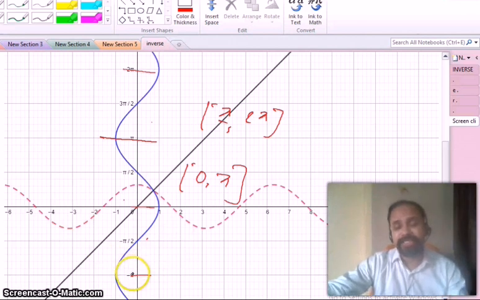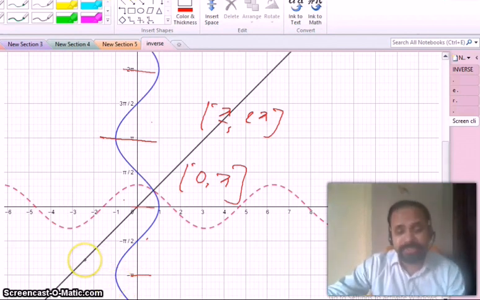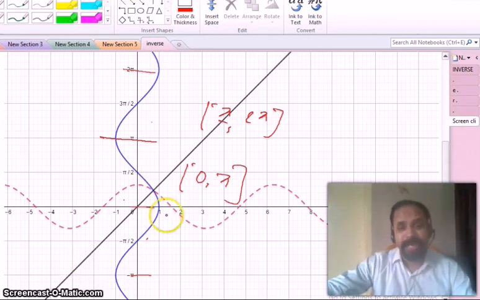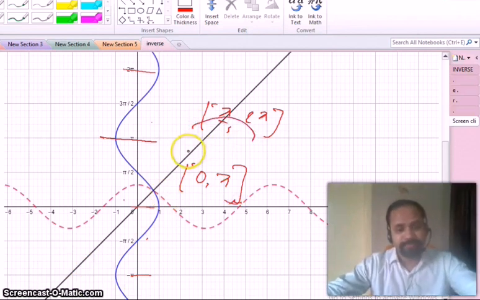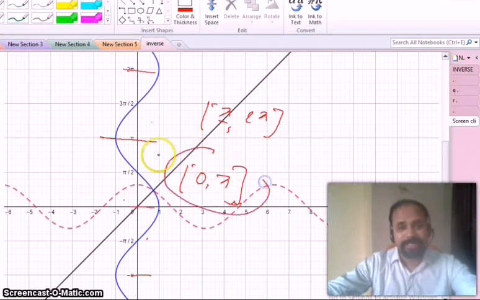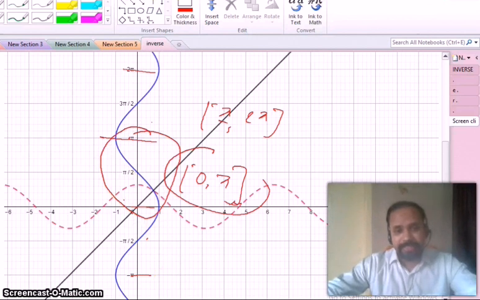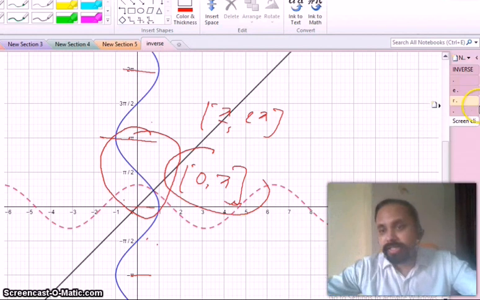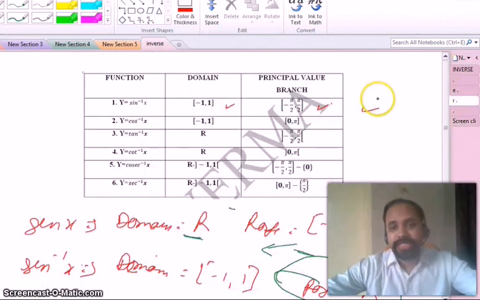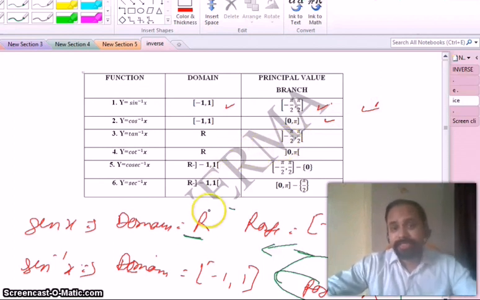That means if we restrict the intervals to 0 to pi, pi to 2 pi, 2 pi to 3 pi, then 0 to minus pi, and so on, then the inverse of cos is defined. And this interval 0 to pi is called the principal branch value. The domain of cos inverse x is minus 1 to 1 and the range will be 0 to pi.